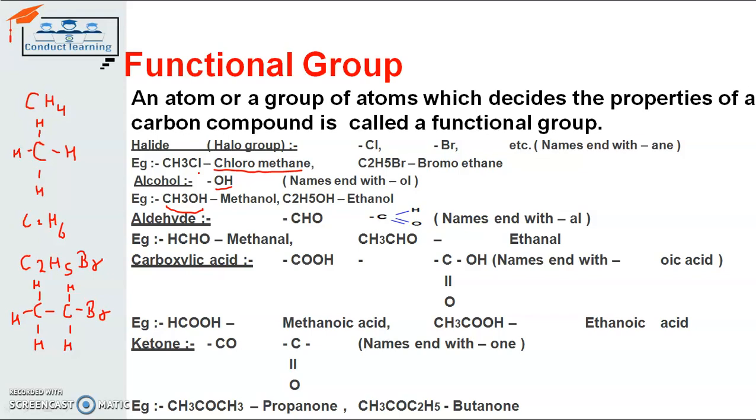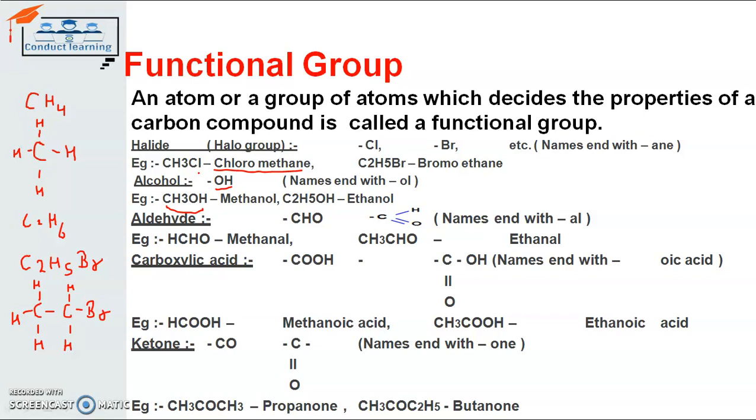So we have to take care of where the functional group appears in the chemical formula, and where it is named when we pronounce the name, on the prefix side or the suffix side. That we will learn in the next slide or next video.